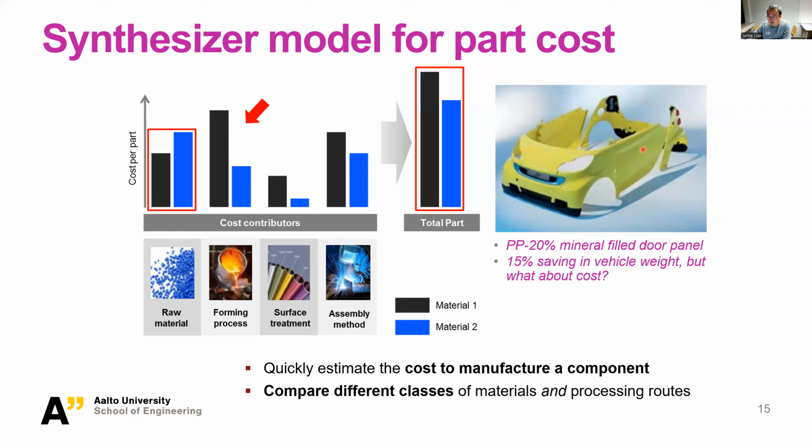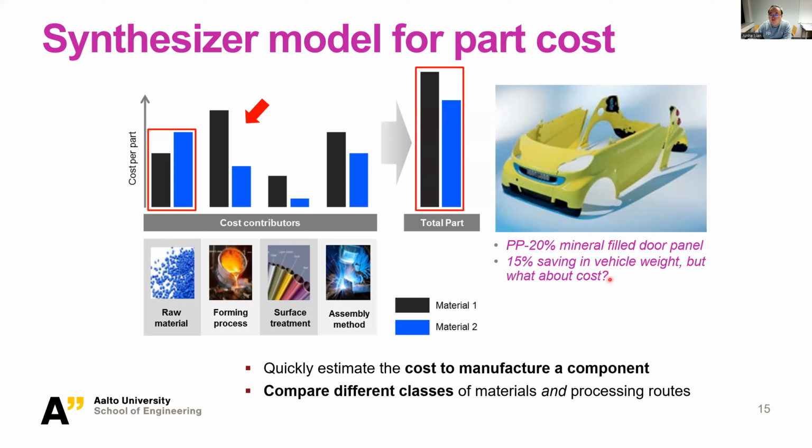Usually these are made of carbon steel or simple steels. And now we want to have a hybrid material, which is a combination of steel with 20% of PP. So in this panel, obviously you could see this is lighter than steel, and it could save 15% of the weight in this case.